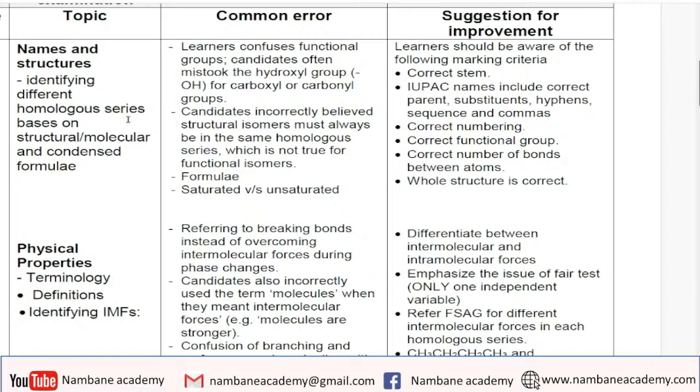When it comes to naming, we need to first identify the longest continuous carbon chain, and that will be the stem or the parent name. If you can count without breaking, yes, it can take corners here and there, as long as it does not break, then those are your carbons in the longest continuous carbon chain.